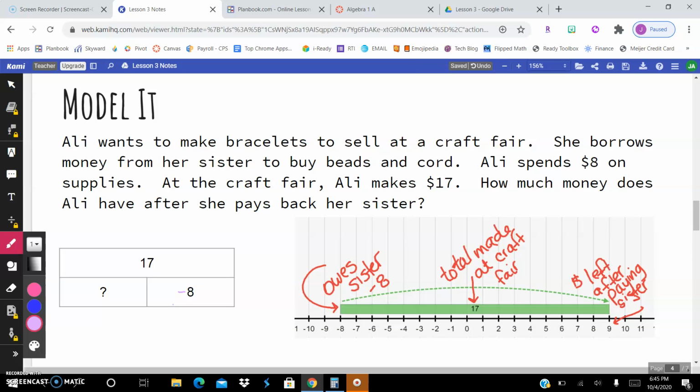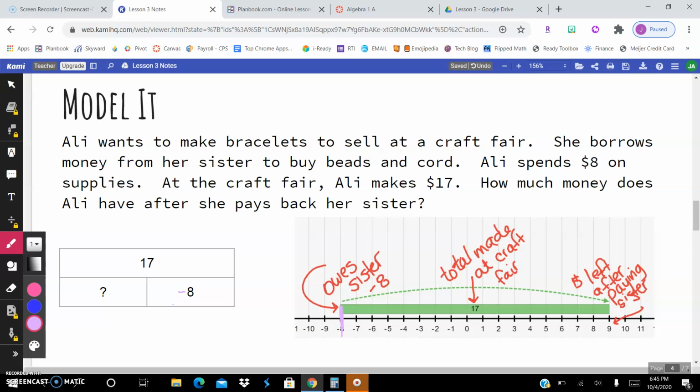So if you look over here on my number line, that's where the green bar starts, at the -8, because that's how much she owes her sister before she goes and makes any money. Then she makes $17. So her total profit at the craft fair was $17.